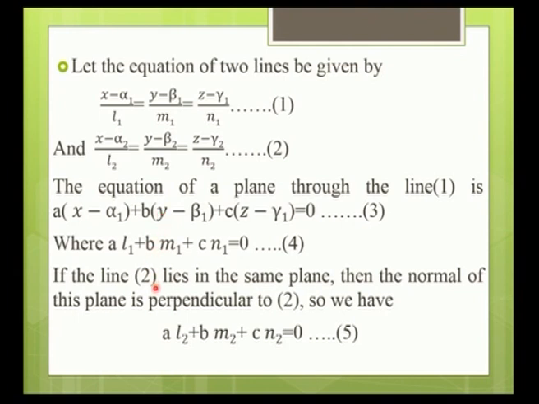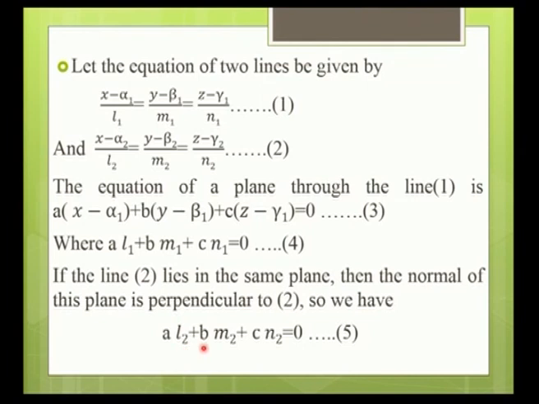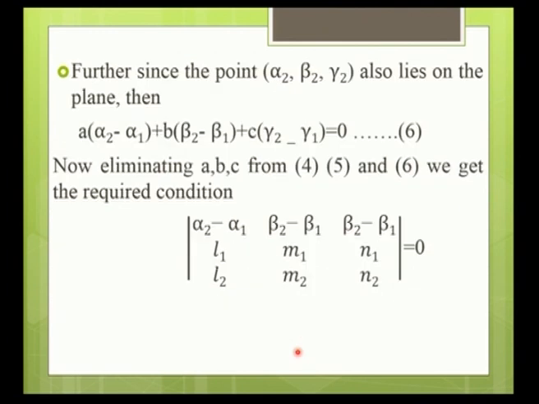Next, the line given by equation 2 lies in the same plane. For that, the normal of this plane should be perpendicular to line 2. So, we have aL2 + bM2 + cN2 = 0. Keep this as equation 5.